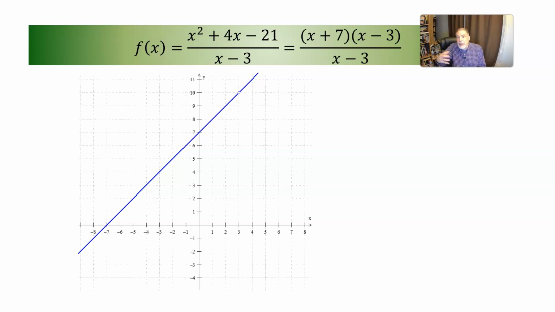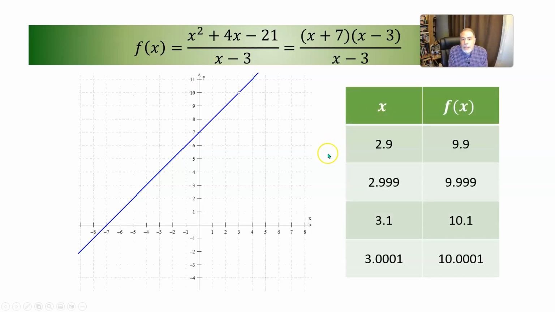So if you want to get out a number that's close to 10, you just have to put in a number that's close to 3. You can put in 2.9 and you get out 9.9. You can put in 2.999 and what you get out is that number plus 7, which would be 9.999. If you put in 3.1, you get 10.1.